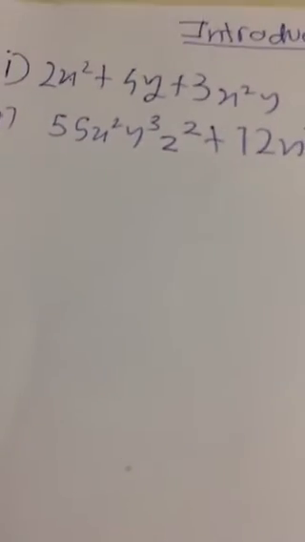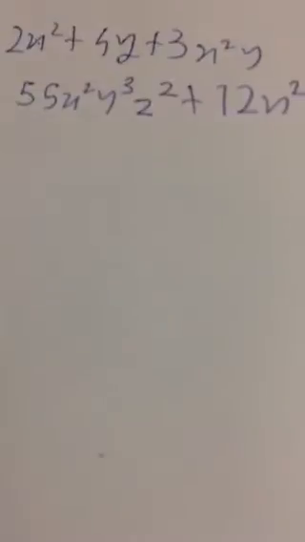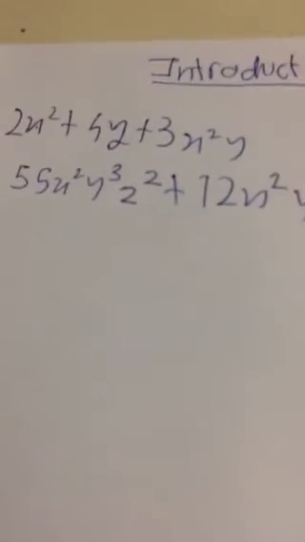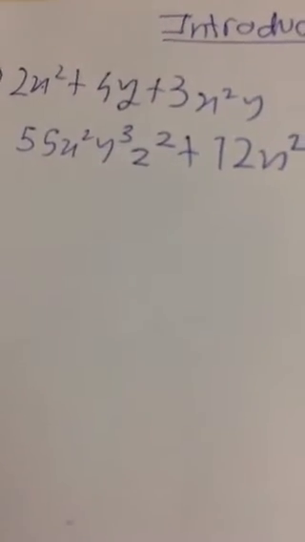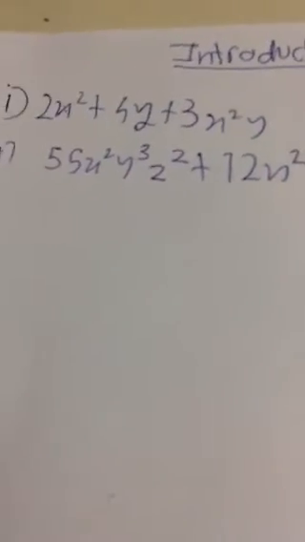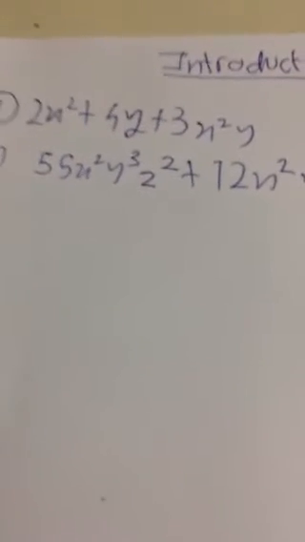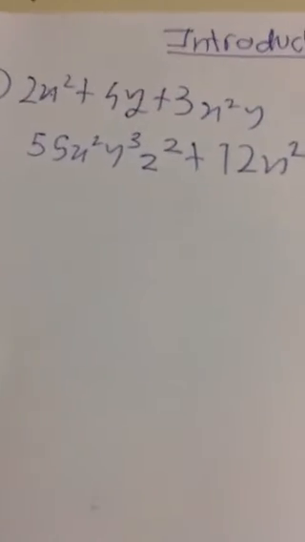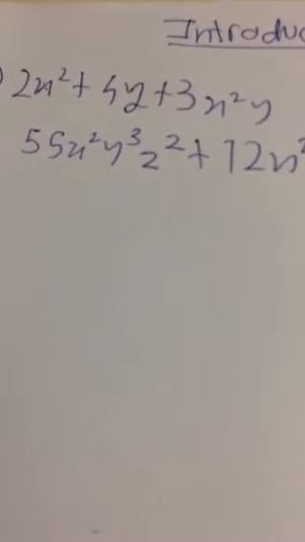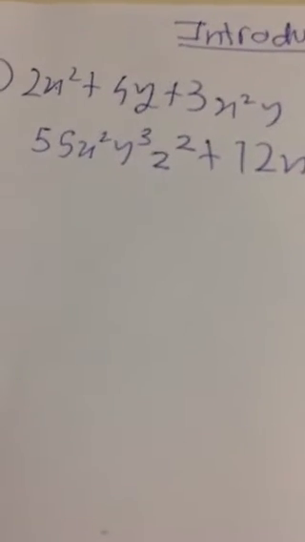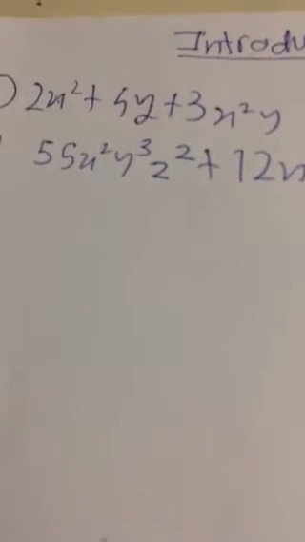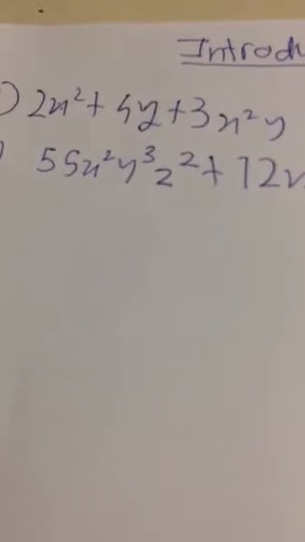I don't know the value of x square, or y, or x square y cube z square. So that is why it is known as a variable, or we can say these are numbers whose value we don't know, so we express them using any alphabet.